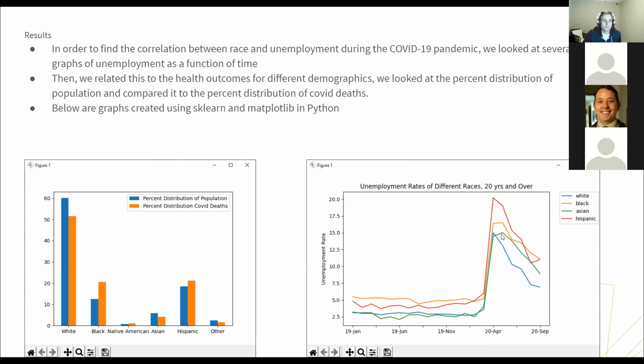Now, the Asian unemployment rate appears to be a bit more consistent as far as being a little bit higher, whereas for whites, there's a sharp peak here, and then a quicker decrease of that rate as time goes on, which I think says a lot about some disparities that exist in the United States as far as those who lost their jobs during this pandemic.